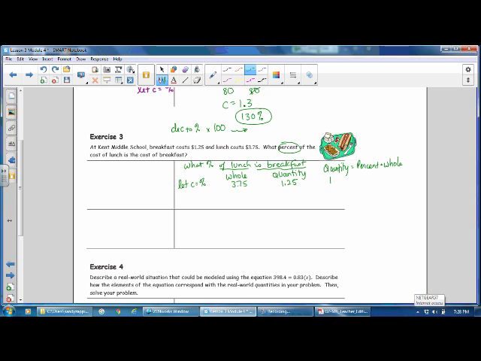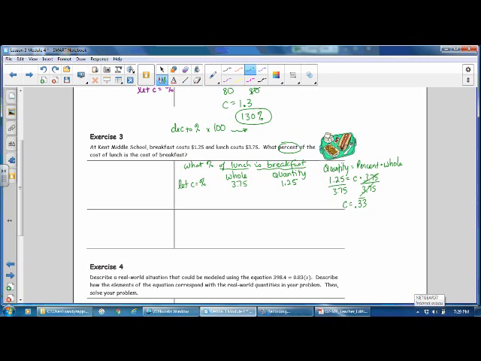Our quantity is $1.25. Our percent is unknown. Our whole is $3.75. Divide by $3.75. And $1.25 divided by $3.75 is equal to 0.33 repeating.